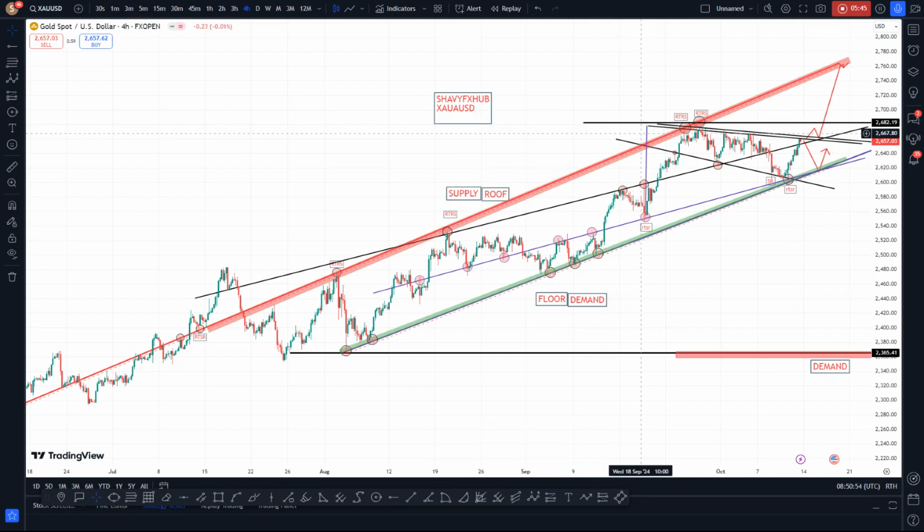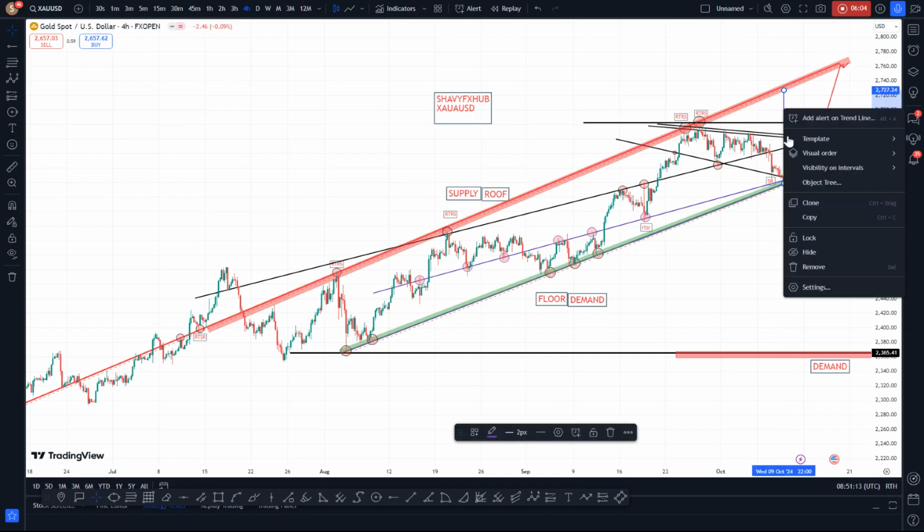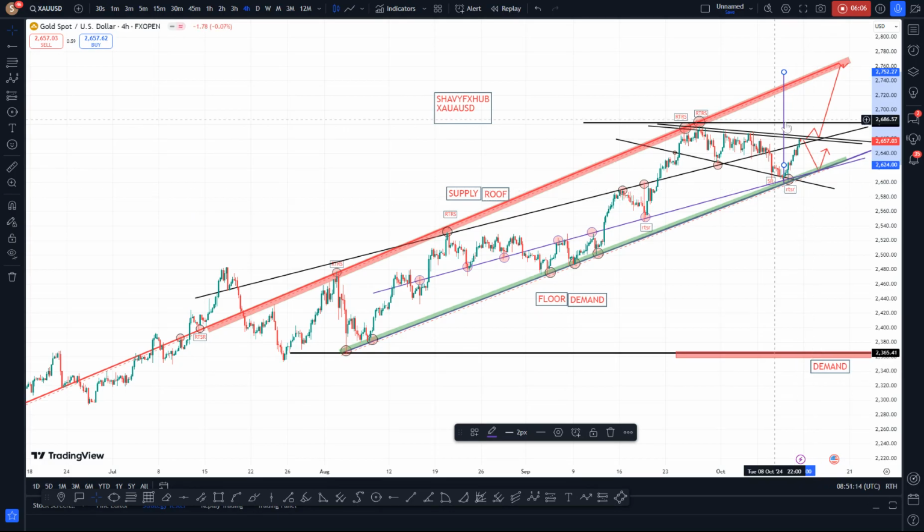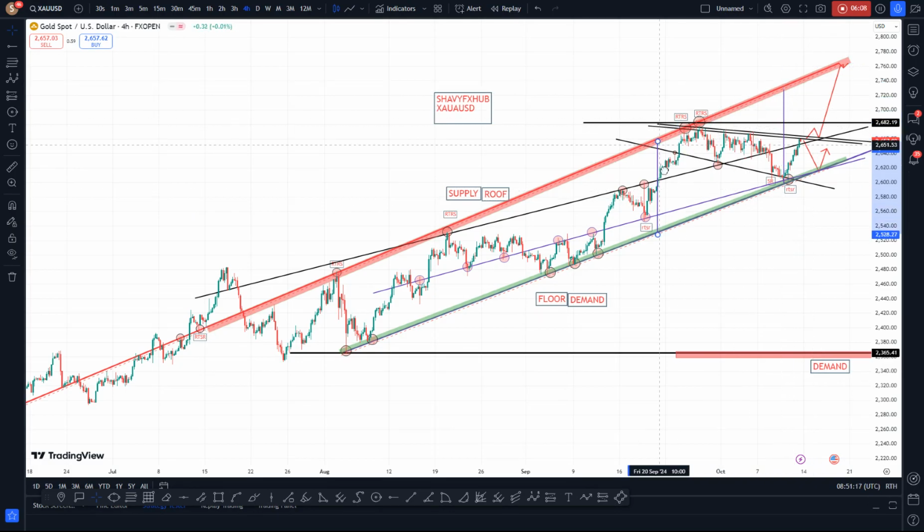So this is where we are. We would like to measure it to see the last time we came into that zone, the vertical distance of the pips moved. We can take it and bring it to the current place where we are. For you to know where you are going, you must know where you are. If you don't know where you are, you are technically lost forever.